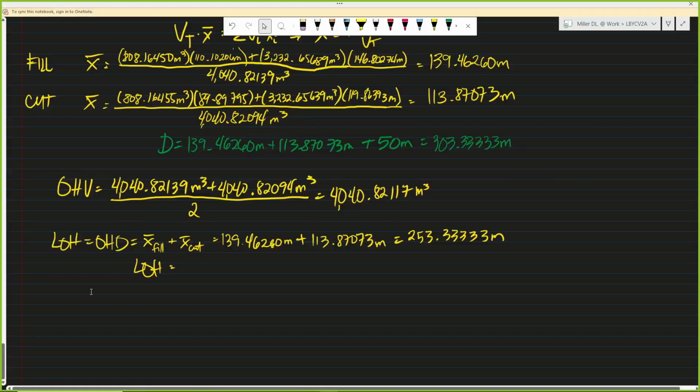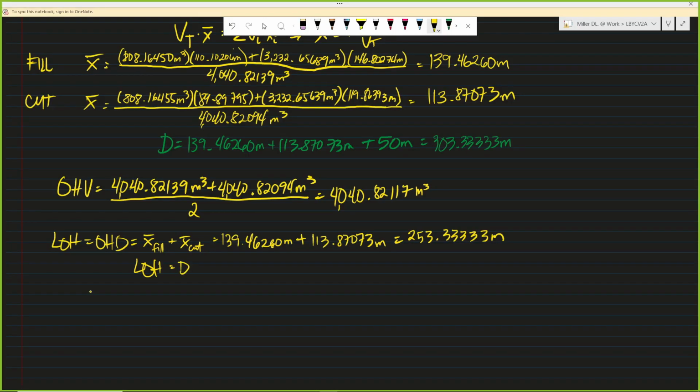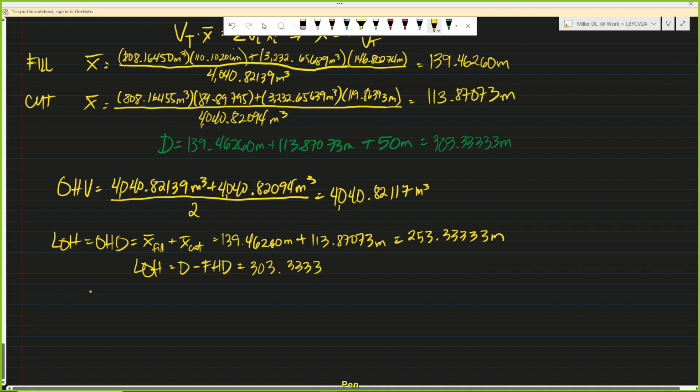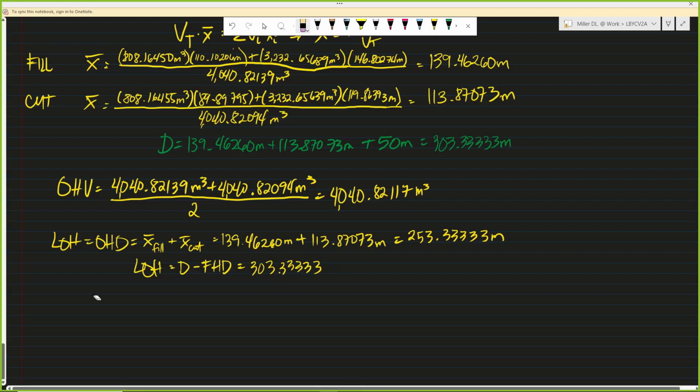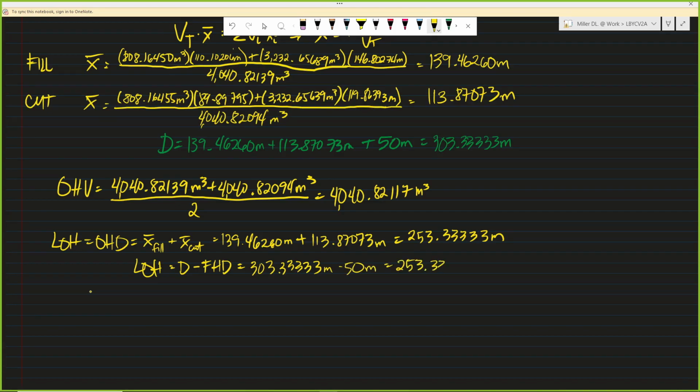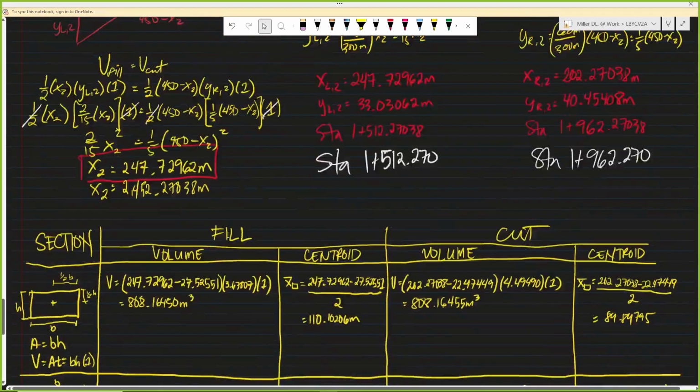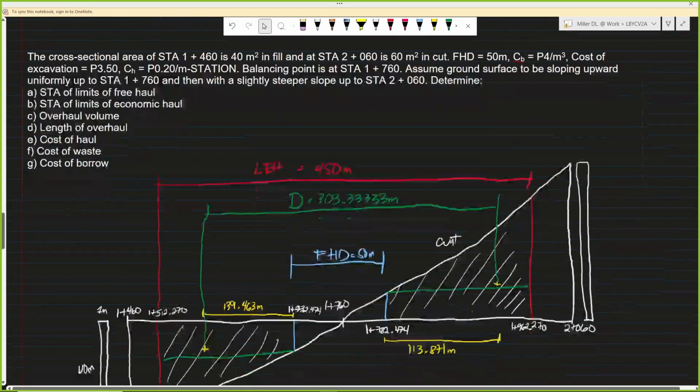So LOH is equal to D minus FHD, which is 303.33333 minus 50 meters. So same lang din, ha? Is equal to 253.33333 meters.